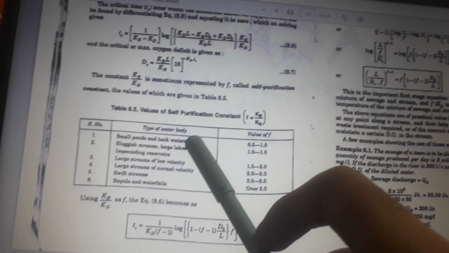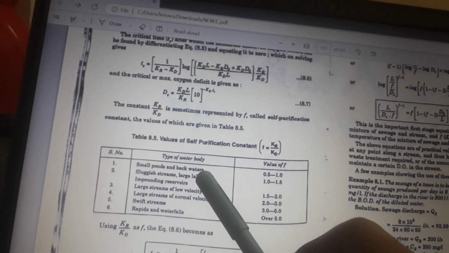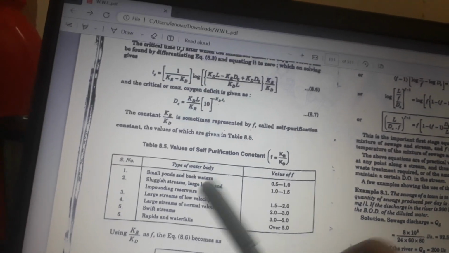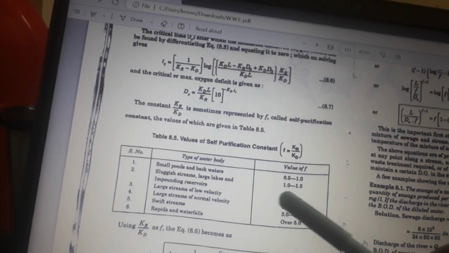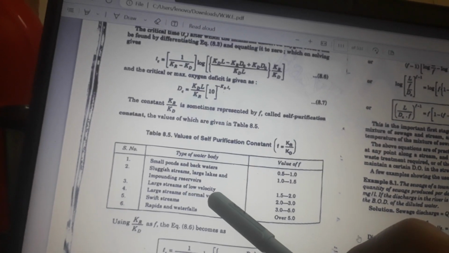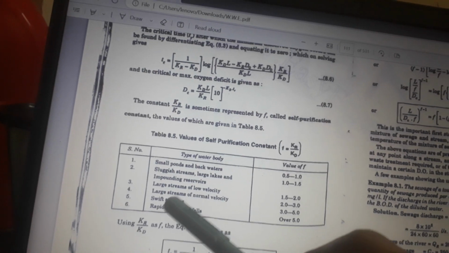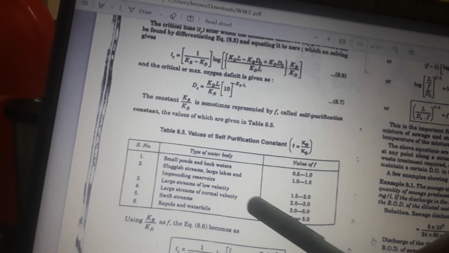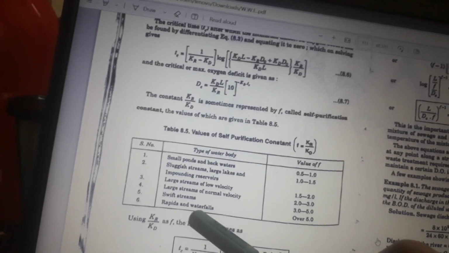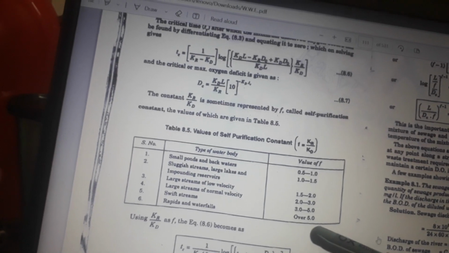Type of water body: small ponds and backwaters, value of F 0.5 to 1.0. Sluggish streams, large lakes and impounding reservoirs 1.0 to 1.5. Large streams of low velocity 1.5 to 2.0. Large streams of normal velocity 2.0 to 3.0. Swift streams 3.0 to 5.0. Rapids and waterfalls over 5.0.